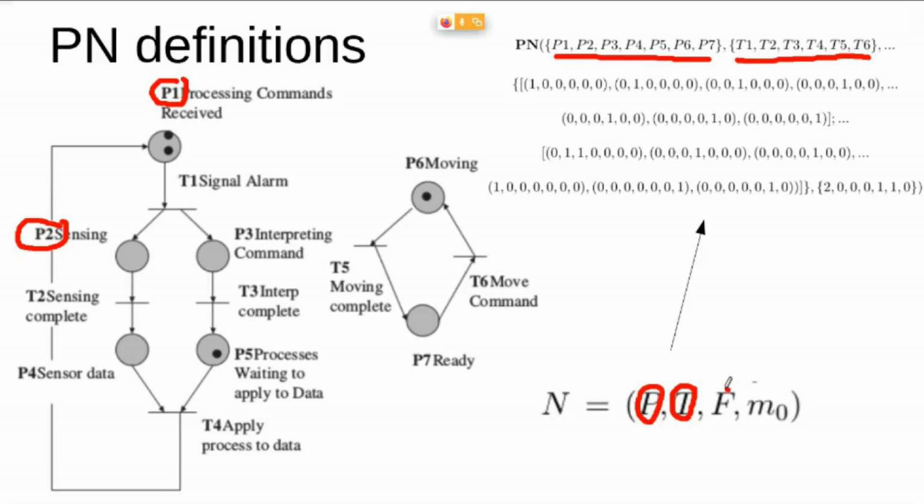And then the flow. What is the flow? First of all, the list of all the connections taking places as the origin and transitions as the target or destination. So let's have a look at P1.